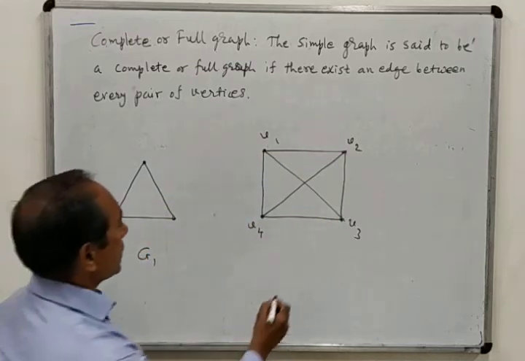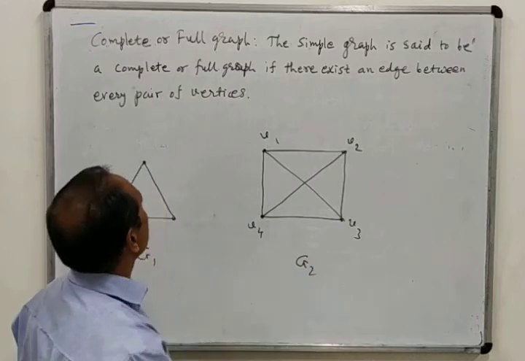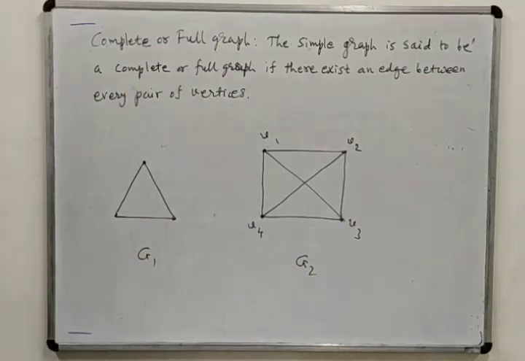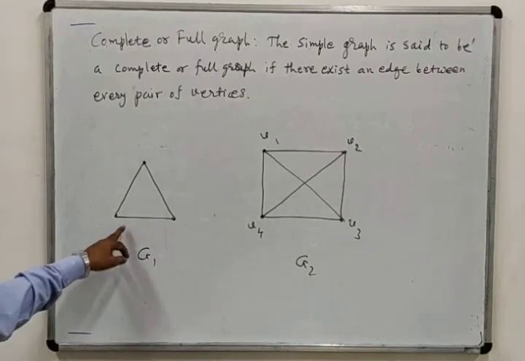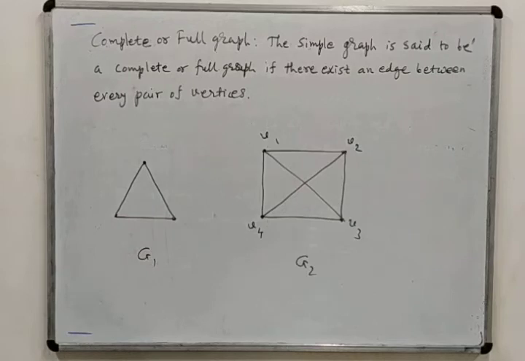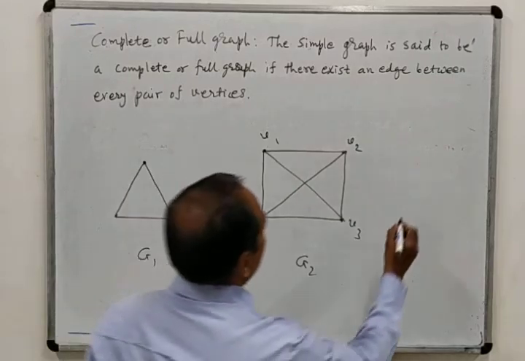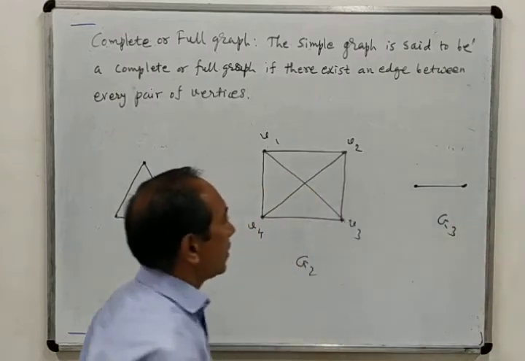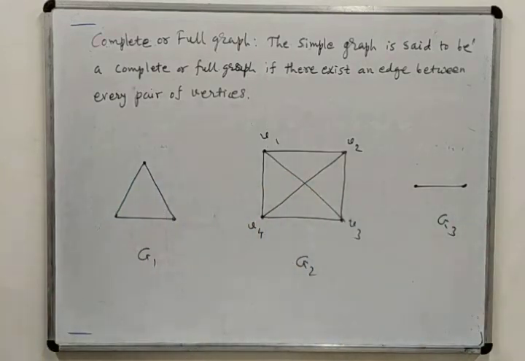Okay, so this is the complete graph with 4 vertices. It is the complete graph with 3 vertices. Yes, and this is also a complete graph with 2 vertices.